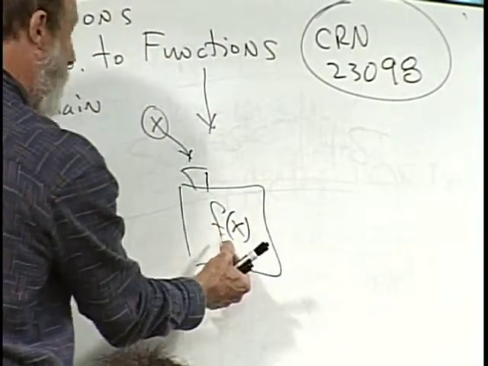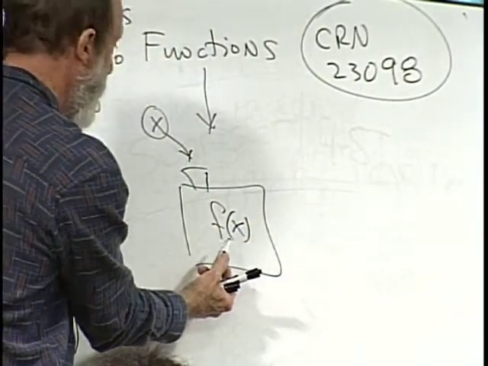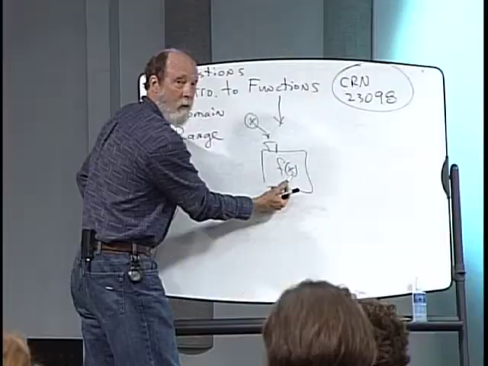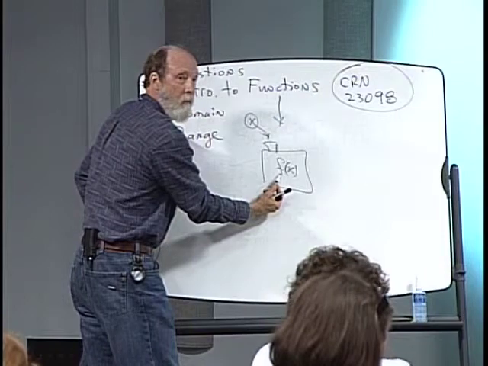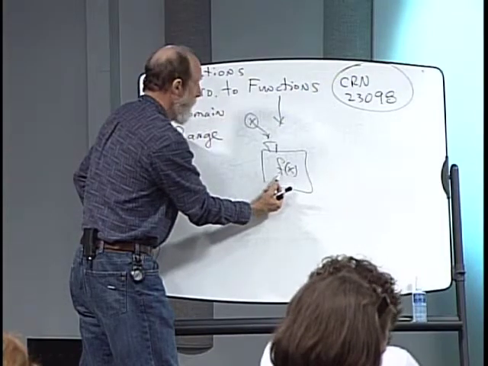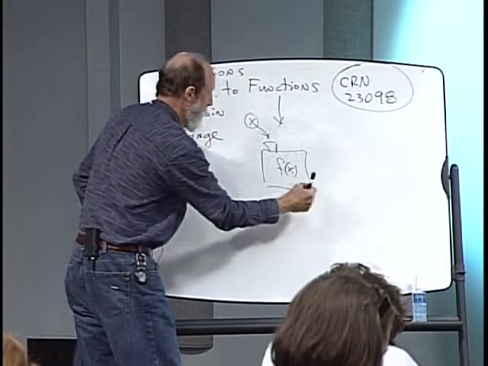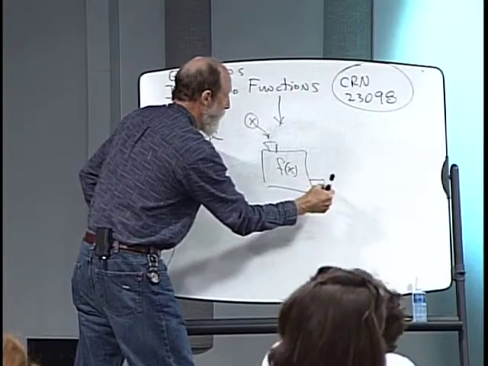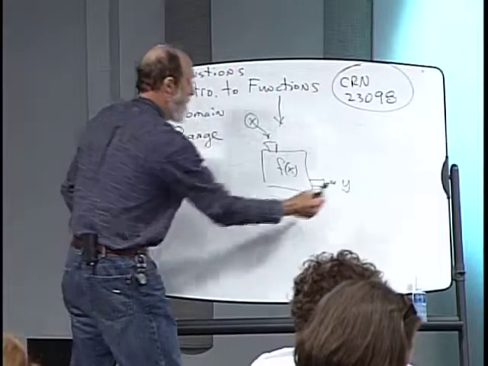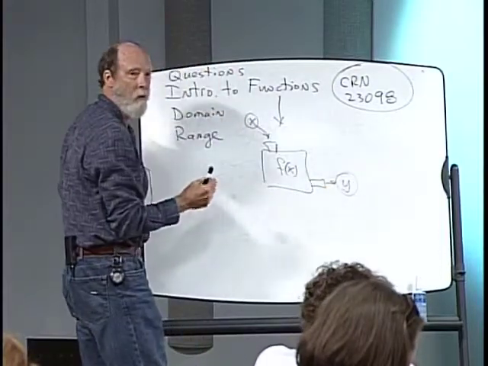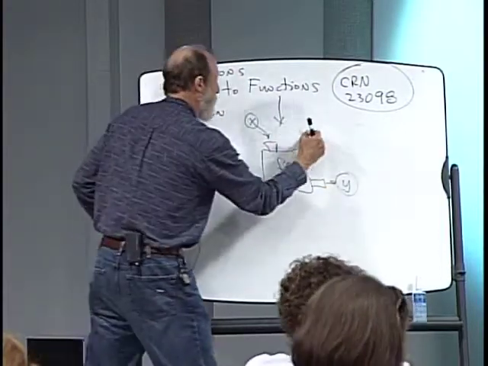This is the notation we typically use. This does not mean f times x. We speak of it as f of x. And then we create an output value that comes out, and we often call that y. So now, think of this as a machine.